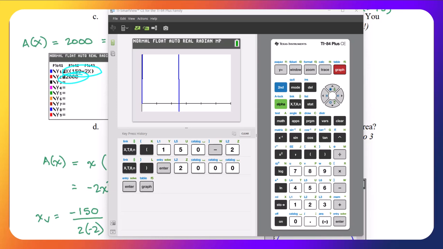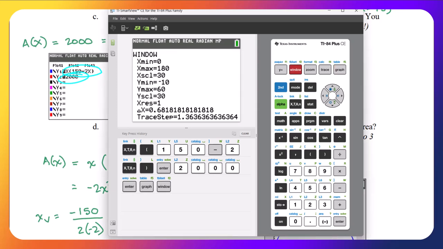Just as a quick reminder, we have to set our window, and that's where the idea of the domain comes from. And we said that the window should start at 0 and go as far as 75. And let's have the x scale mark the x-axis at every 5.